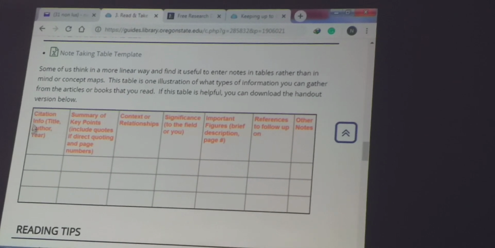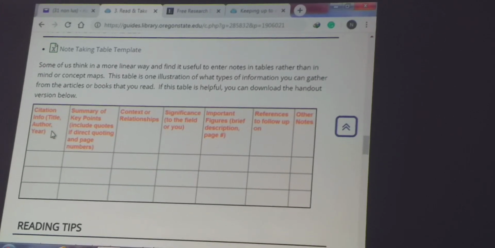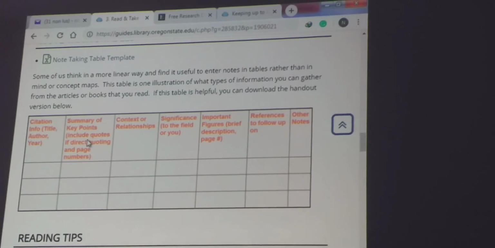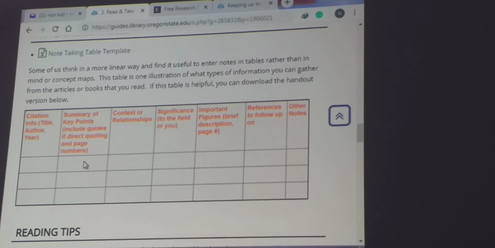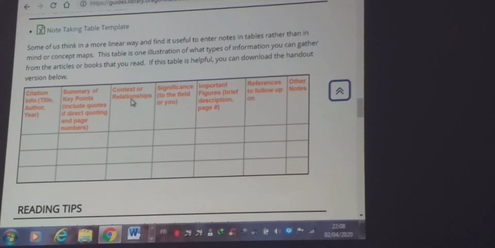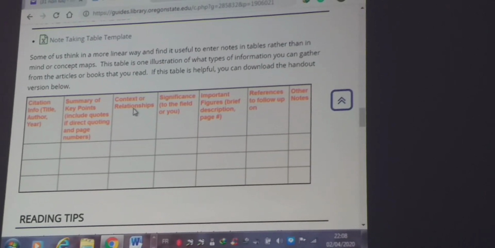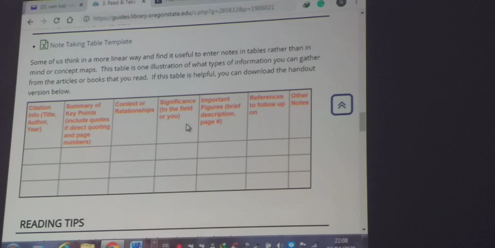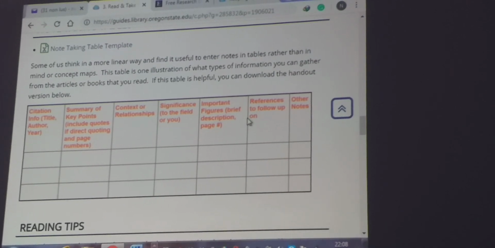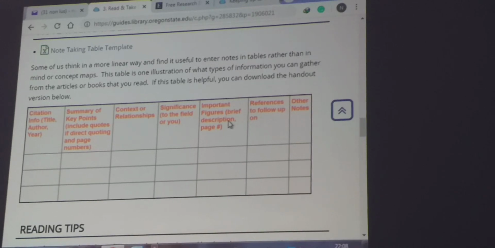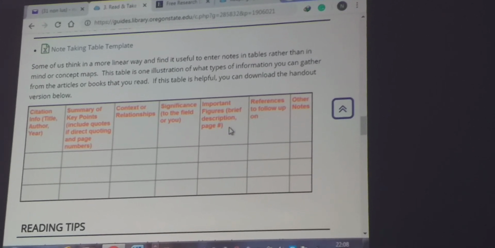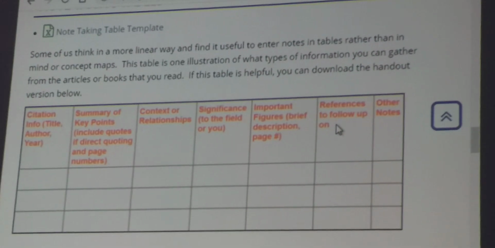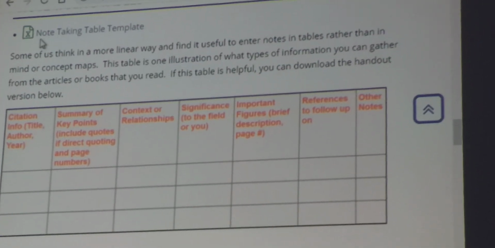For example, I'm going to include citation information about the author, the year of publication, a summary of the key points included, for example, quotes, direct quoting, page numbers, the relation of these points to my research work, the significance to my field of research, important figures, authors, and theories in the field taken from, for example, the source that I'm using, references to follow up on, and other notes. You can find it here.